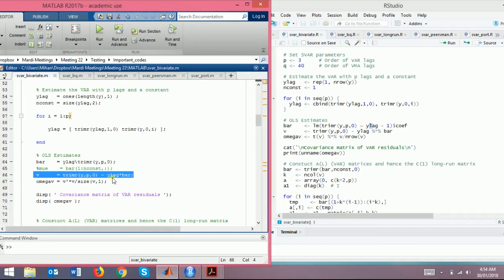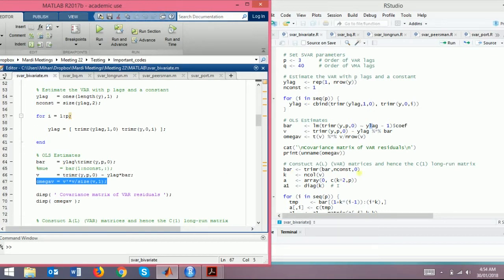And so the structural residual, and then we have omega, v v transpose divided by size of v, the dimension is t rows. We could have written it as the length of v, or length of v would take the highest dimension. Size of v1 is the size of the first dimension, which is number of rows.